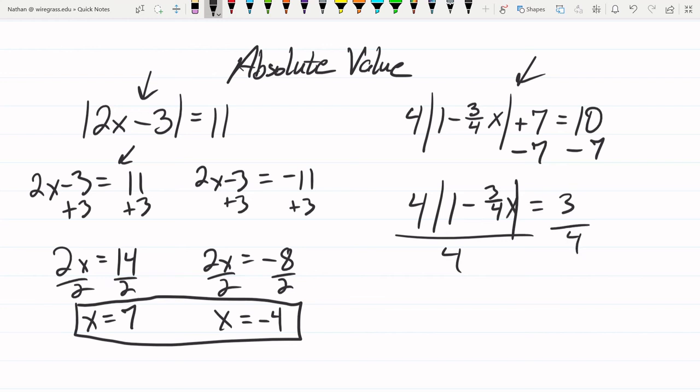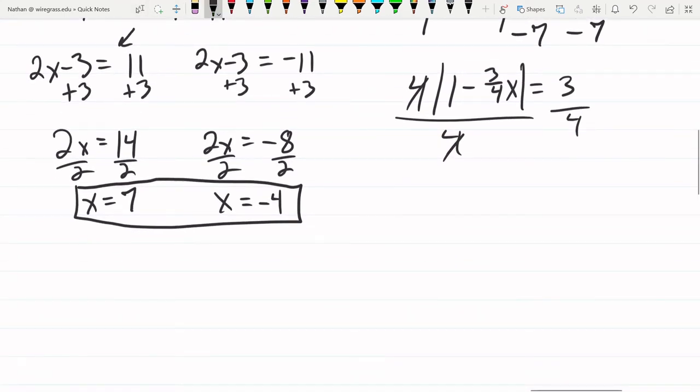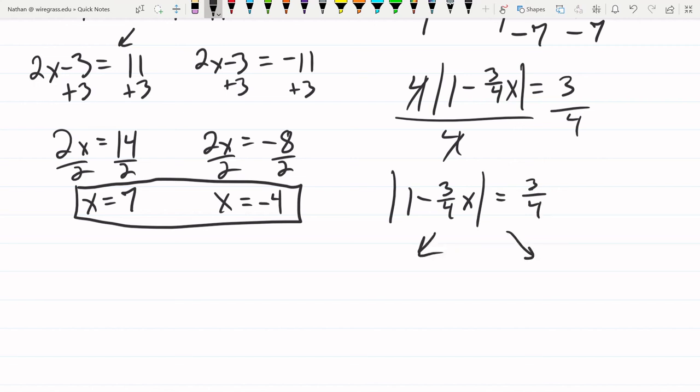I forgot the x here. That gets the absolute value by itself. Equals 3/4, and now we can split this up into two equations.